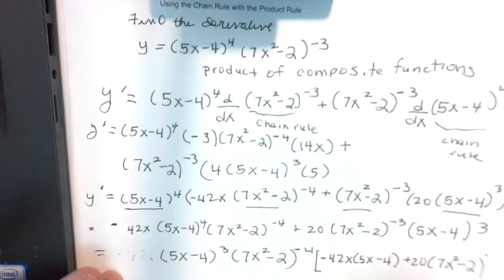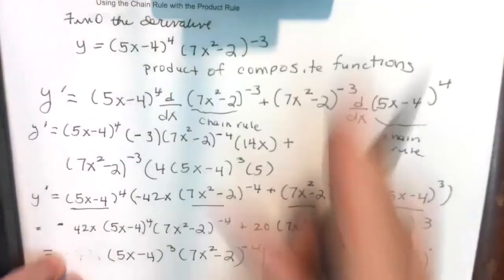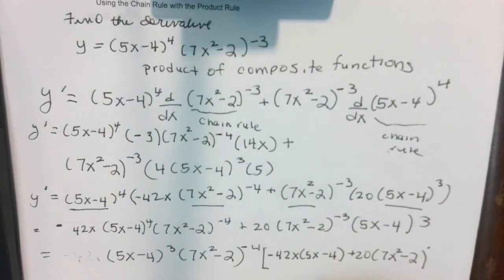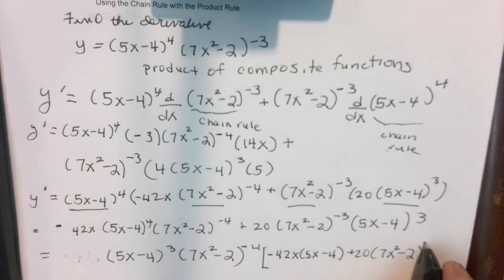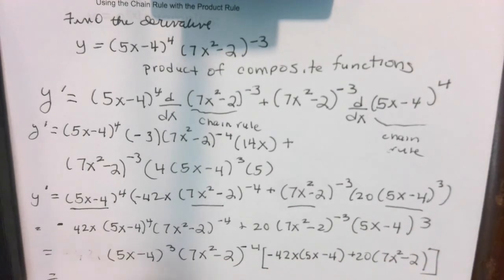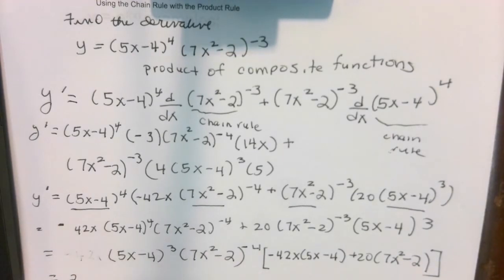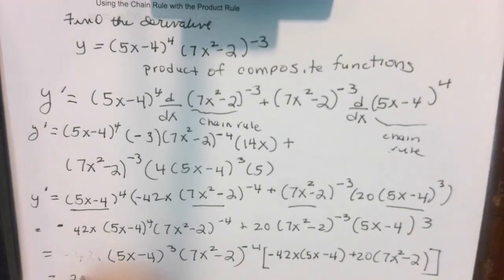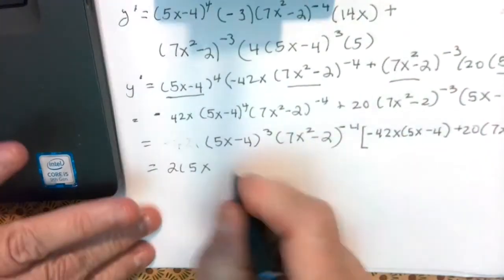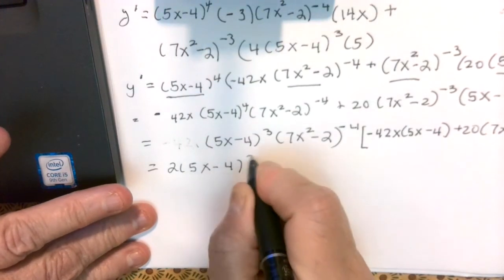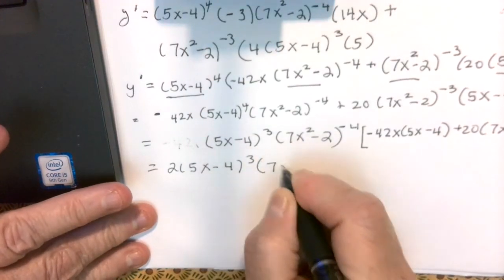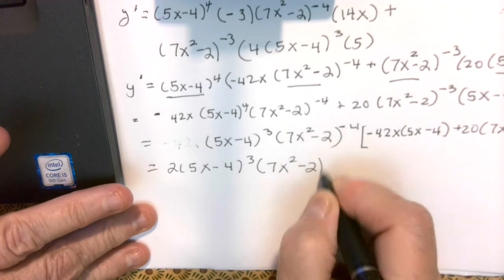That's going to be left because we're taking out to the minus 4, so we're taking that out of the 7x squared minus 2 to the minus 3rd. So there's still going to be one left in here. And then I can factor 2 out if I want to. It doesn't really matter. So that's 2 times 5x minus 4 cubed times 7x squared minus 2 to the minus 4th.